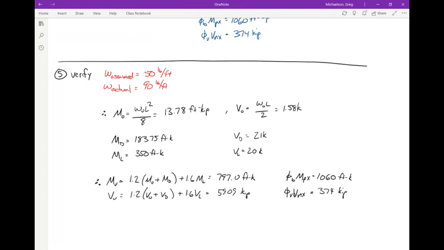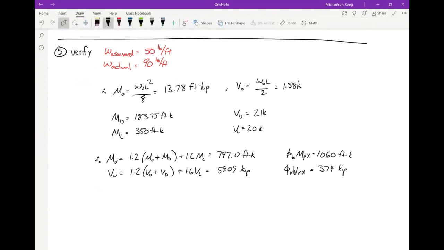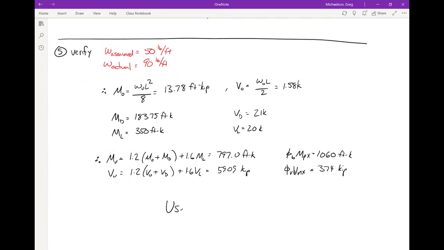Moment capacity, we knew we were good from step 3, but we had to pick a heavier section because of the deflections, and we know the deflections are good. So use a W30 by 90.